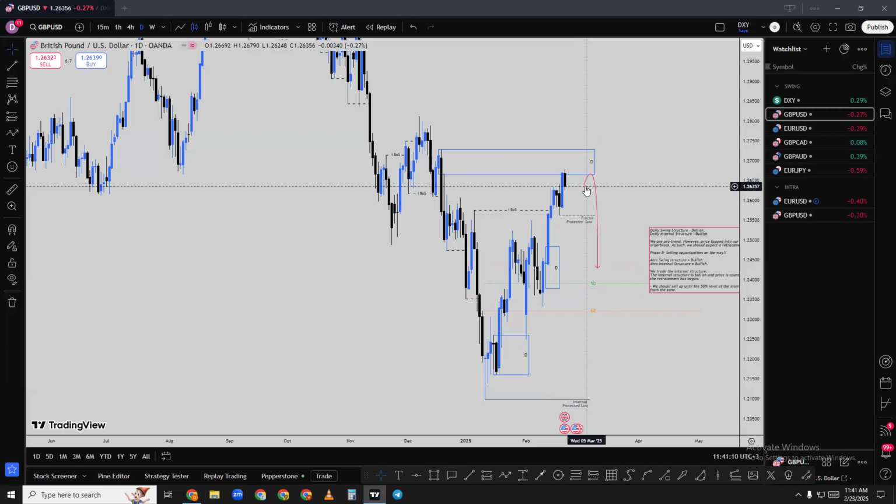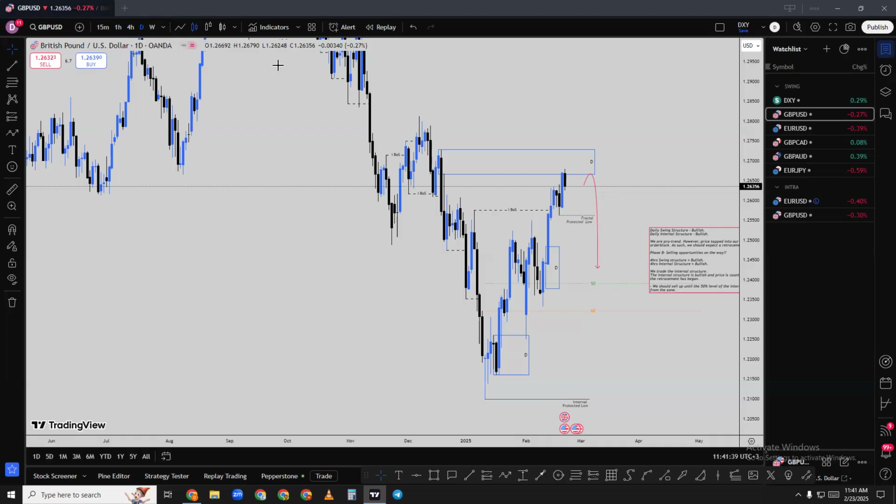What you should keep in mind is that the daily levels or daily order blocks do carry a lot more weight as compared to the 4 hours or the time frames that are below the daily time frames. Okay, and the weekly order blocks do carry a lot more weight than the daily. So there is that hierarchy that has to be maintained.